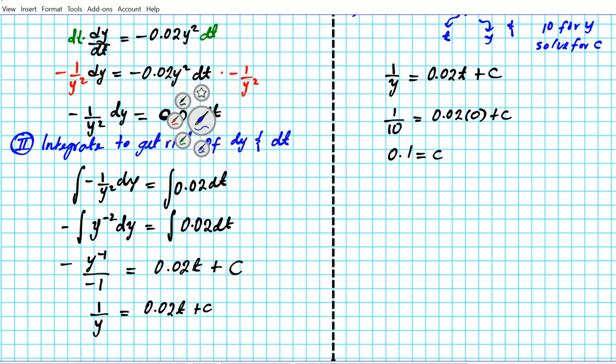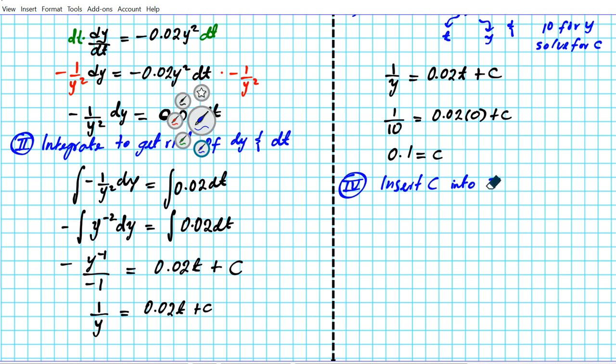To finish this off, step 4. We're going to insert c into what we got in step 2, which is this general implicit solution here.